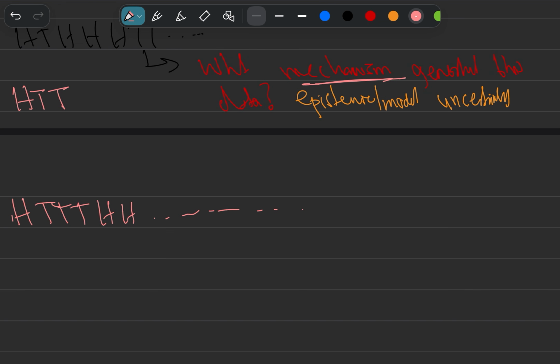And I'm assuming our alien will be smart enough to notice that there are only two types of labels he's seeing here: H and T. That's all there is. And if he counts, he will know that 50% of them are heads and 50% of them are tails.